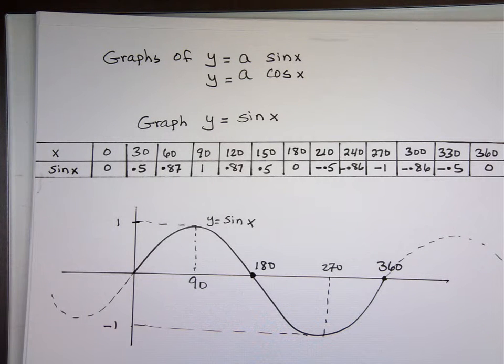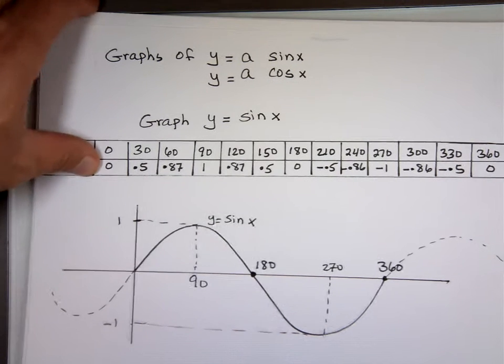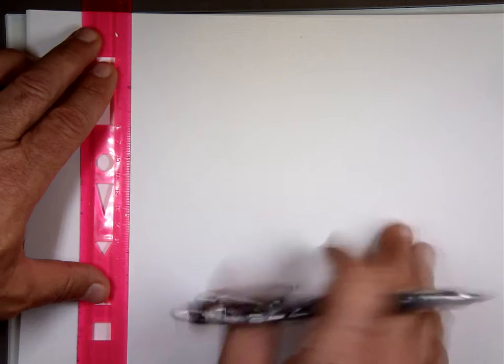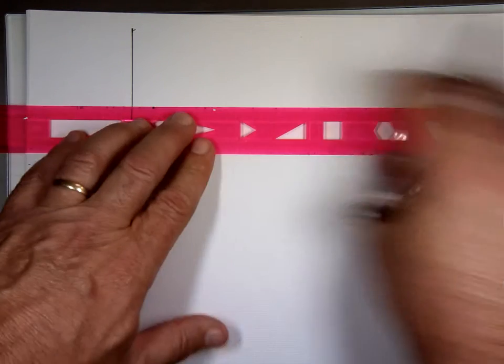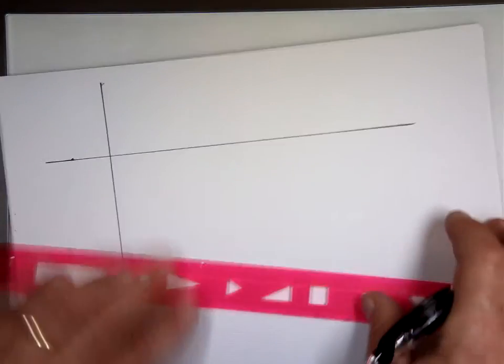But that's what the sine function looks like. If I try to make a table for the cosine, it will look a little bit different. So if I graph the sine versus the cosine on the same page, this is what my functions will look like. I'll do them separate. On the top, I'm going to do the sine. On the bottom, I'll do the cosine.